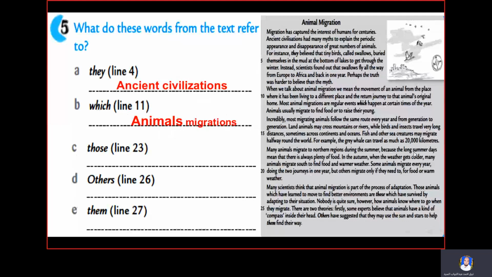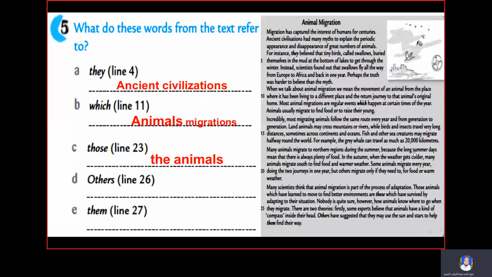Those, in line 23. Many scientists think that animal migration is part of the process of adaptation. Those animals. Those refers to the animals. Line 26, others. There are two theories.